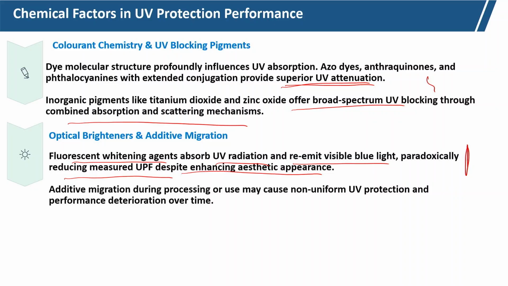So, additive migration during processing or use may cause non-uniform UV protection. If we add the additive and it migrates from one place to another, then whatever additive we are using, if it remains in that place, there will be uniform UV protection.